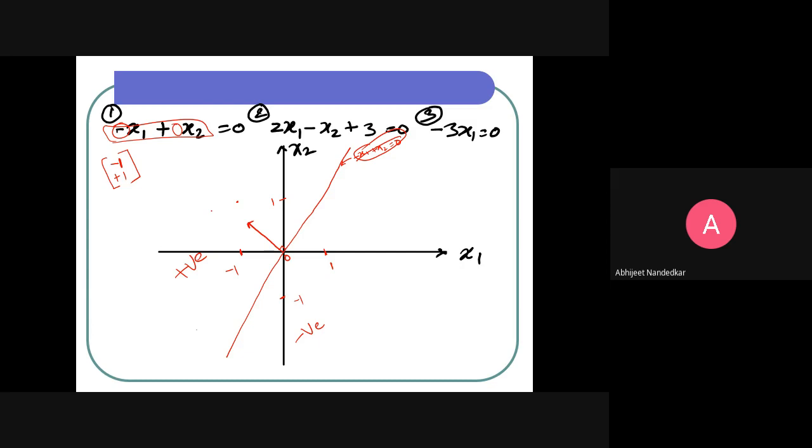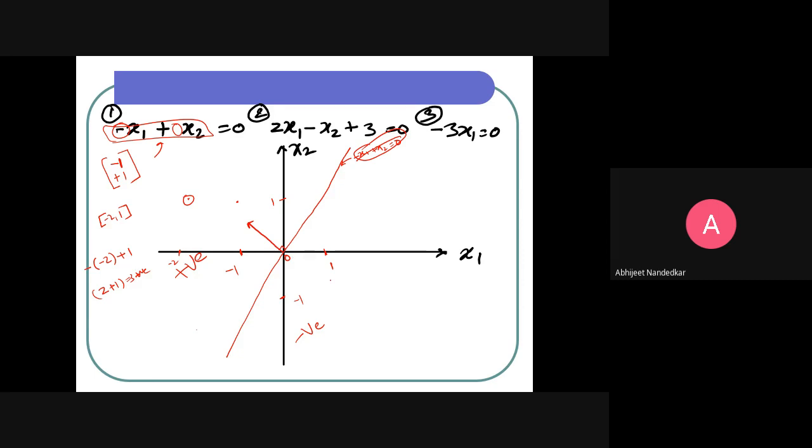Suppose I take a point here, -2 and 1, and substitute here. So it is minus of -2 plus 1. This will be 2 plus 1, so that is 3. This is a positive number, so the neuron will get fired.